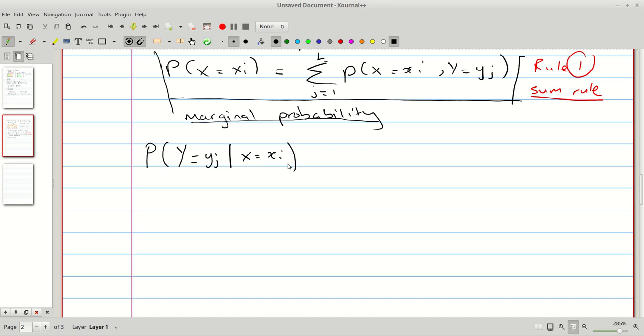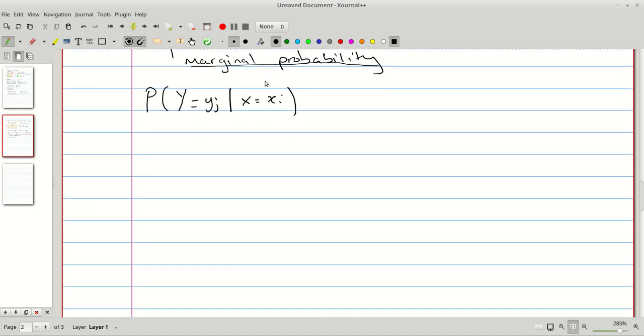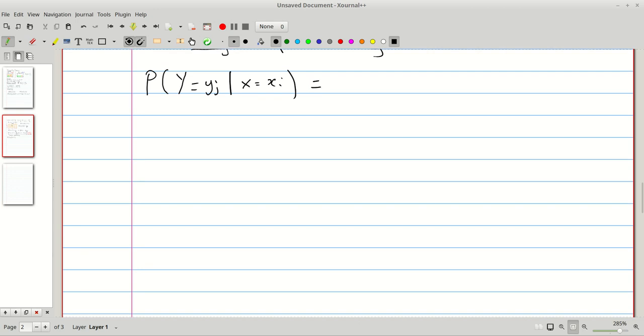If you look at this diagram, given that x equals xi, the probability that y equals yj is whatever nij is. Y can take either this value nij or this value nij or this value nij, divided by the total in this column, which is ci.